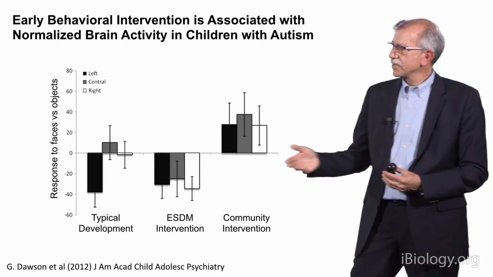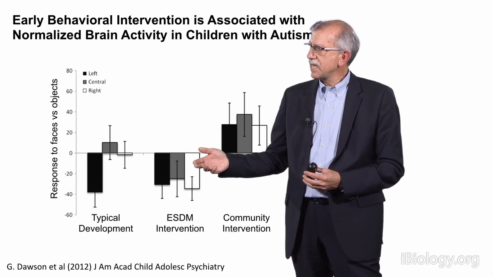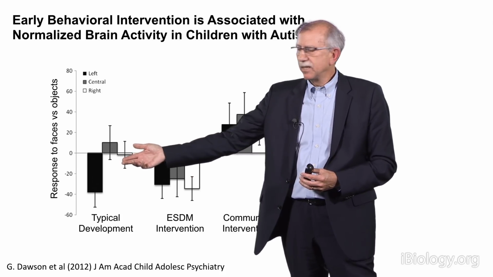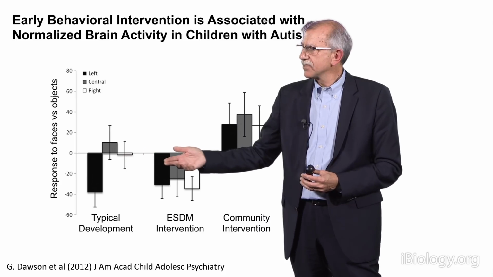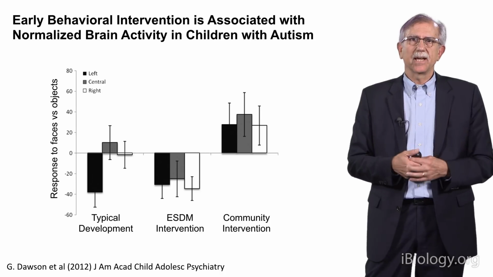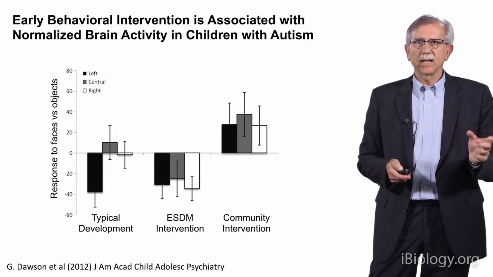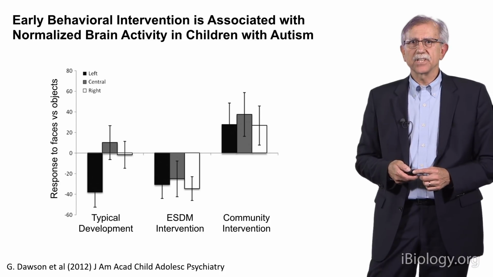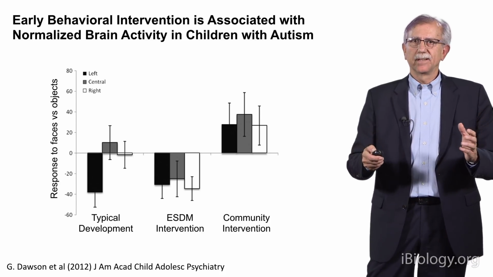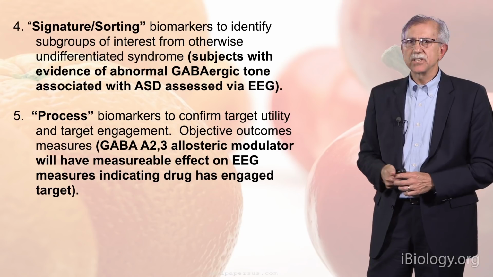When you look at those who received the Early Start Denver Model, you see that their EEG profiles match those with typical development. And so one could potentially use this as even an outcome measure to get an early signal back on a trial that doesn't require perhaps months of exposure to your therapeutic of interest and potentially accelerate the drug development process.